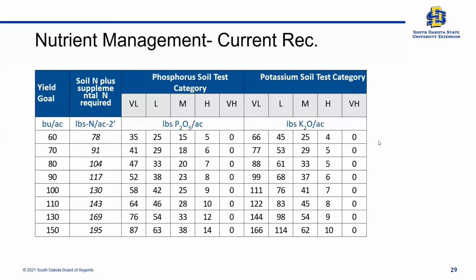Our current recommendation is obviously a yield goal based recommendation. You see something in my red rectangle here: you have your yield goal and your nitrogen recommendation, which is in this book, which was updated in 2005, a long time ago.